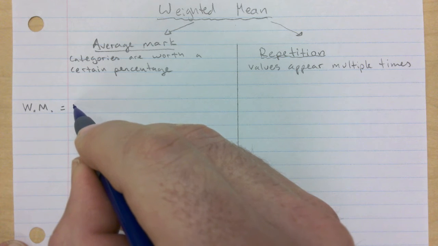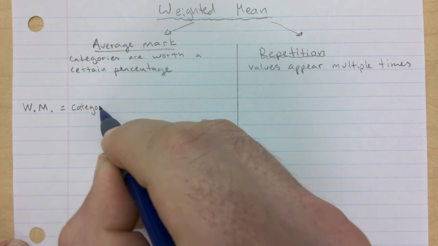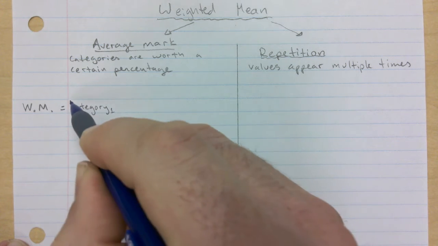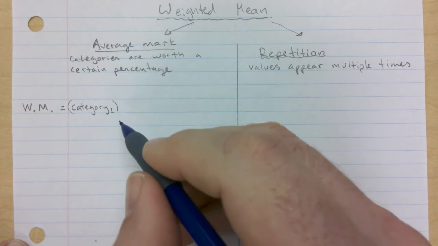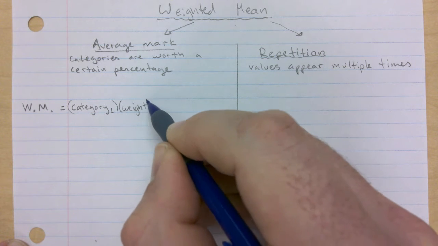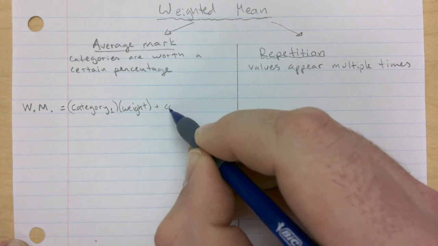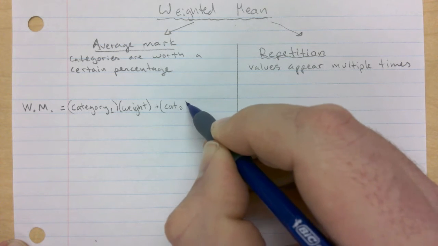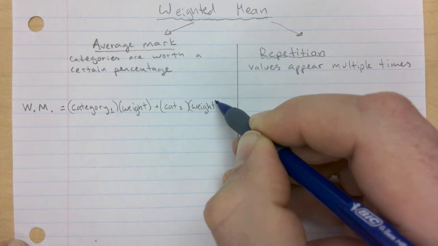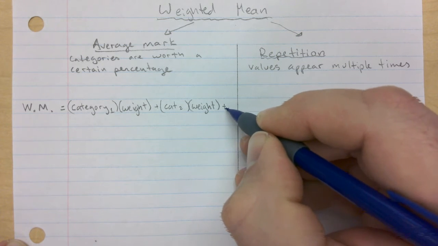You would take the category, let's say it's tests, category 1 times the weight, plus category 2 times the weight, and that continues on for as many categories as there are.